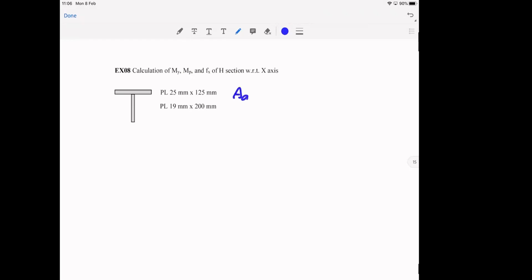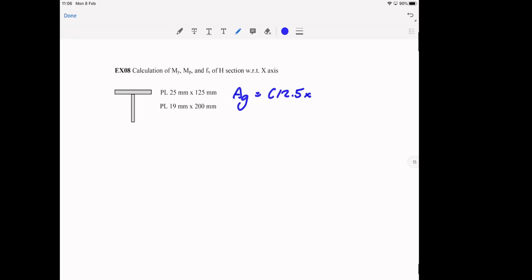So the gross area is 12.5 multiplied by 2.5 plus 20 multiplied by 1.9. That is in total 69.2 square centimeter.